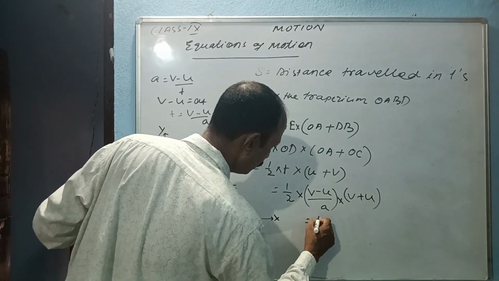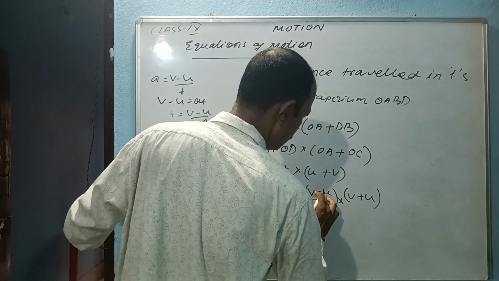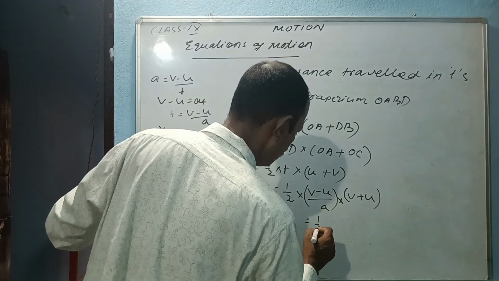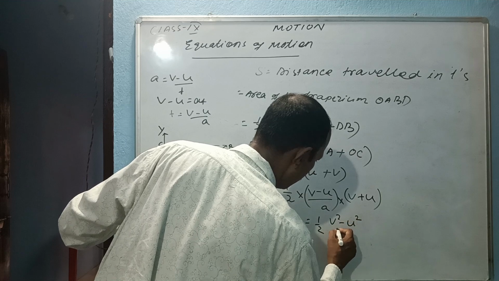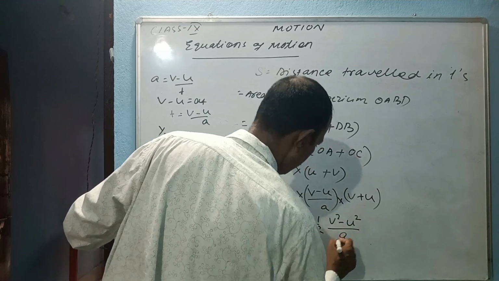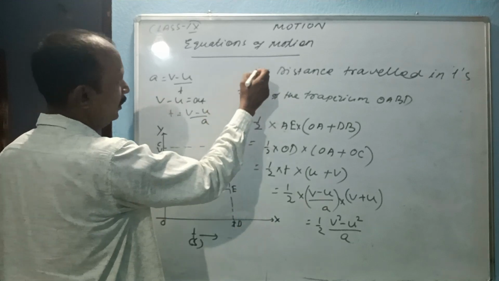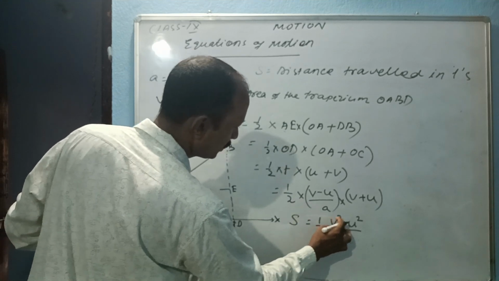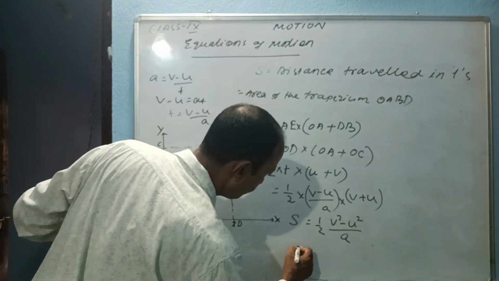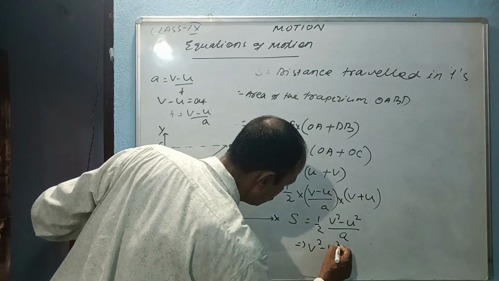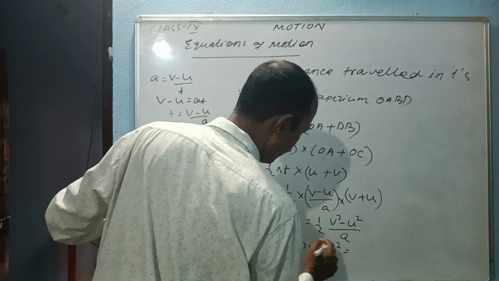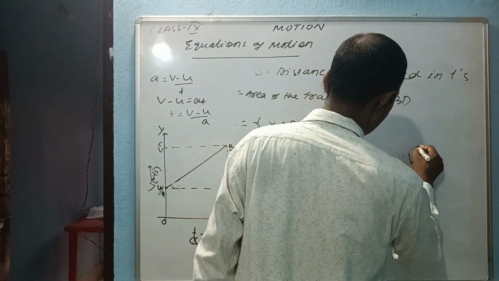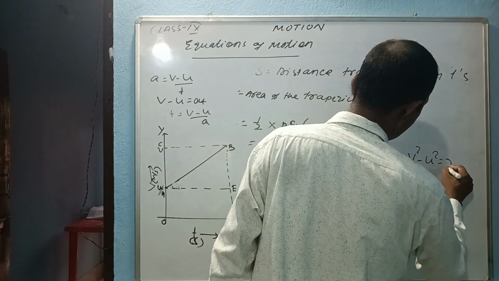So this is equal to half, v square minus u square divided by a. So s is equal to half into v square minus u square by a. This implies that v square minus u square equals 2 multiplied with s, 2as. Clear? So I can say that v square minus u square equal to 2as.